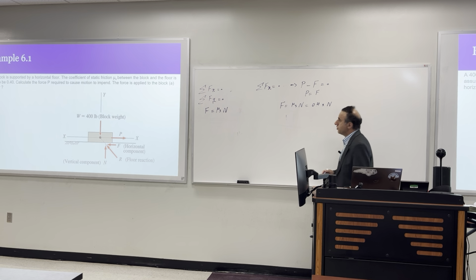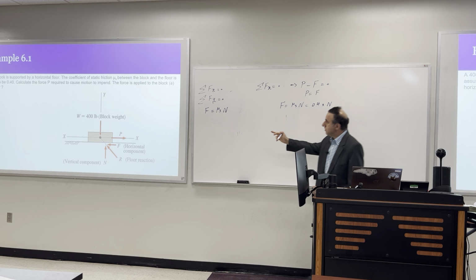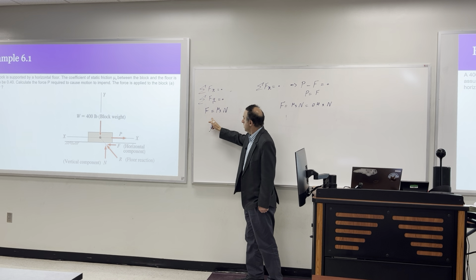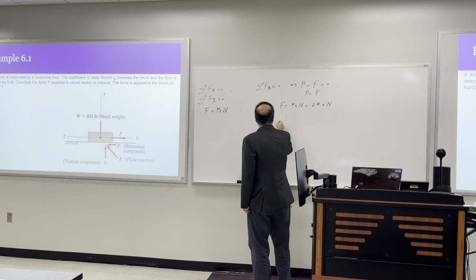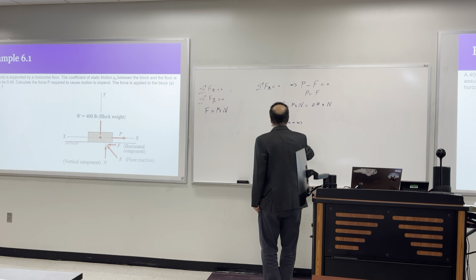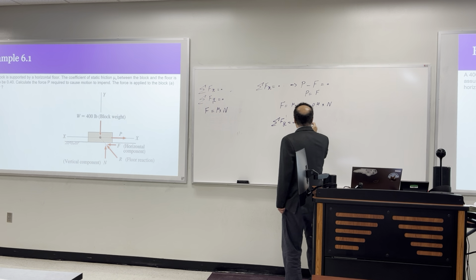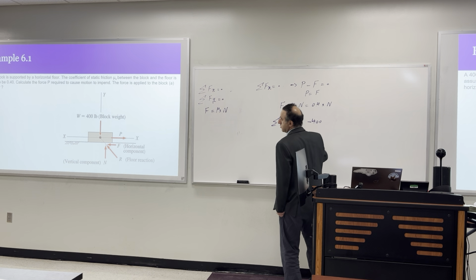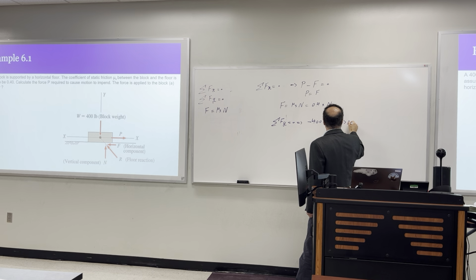Okay, what other option do we have? I use this one, sum of Fy equals 0. What do we have in Fy? Negative 400 pounds, and then plus N. My N is 400.